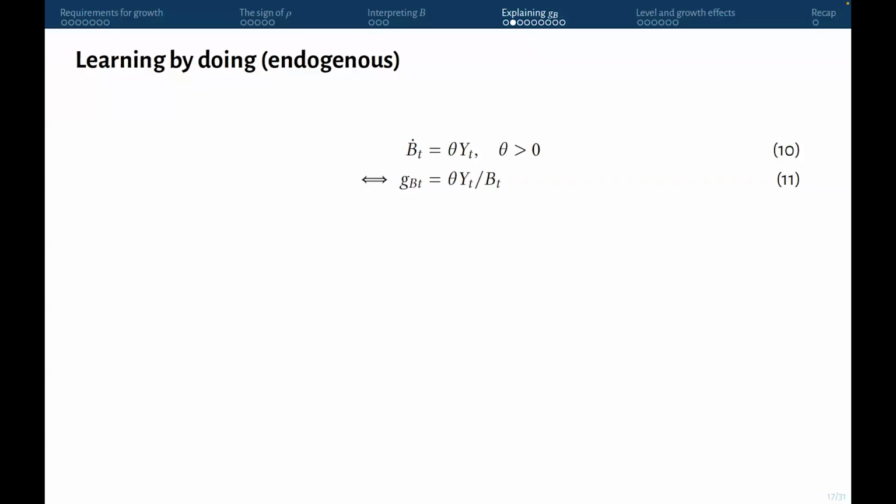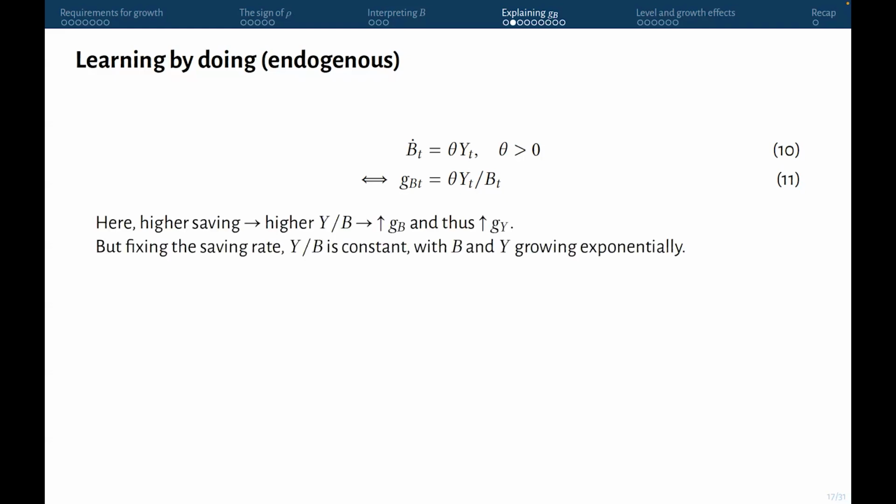And so the absolute growth rate of labor augmenting technology is proportional to the rate at which we're producing. It's proportional to output. Divide through by B to get the exponential growth rate of labor augmenting technology, proportional to that ratio there, output to labor augmenting technology.